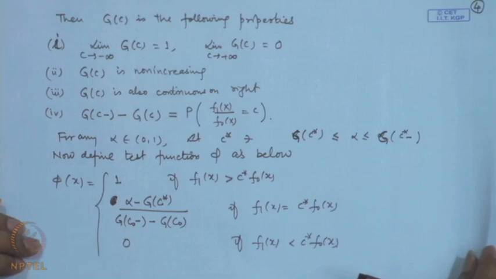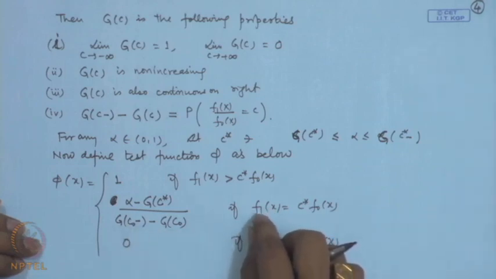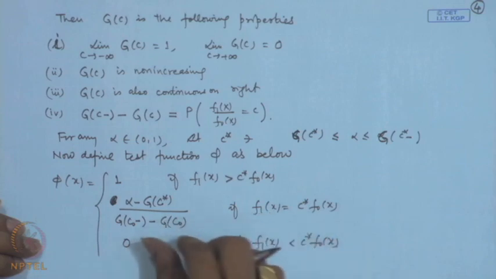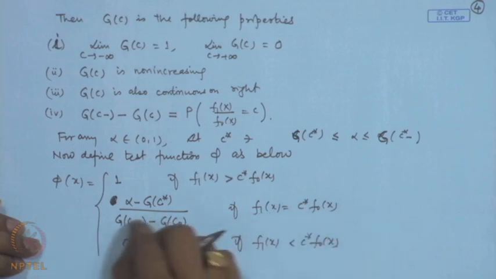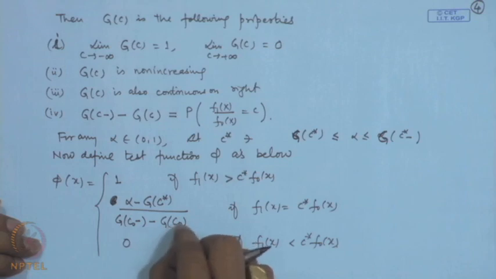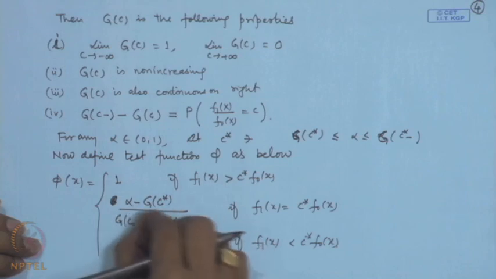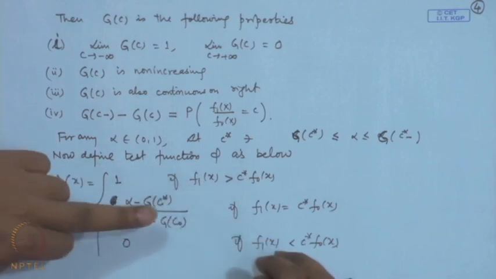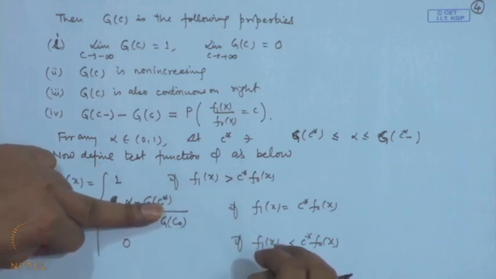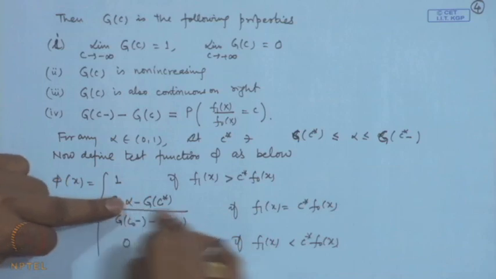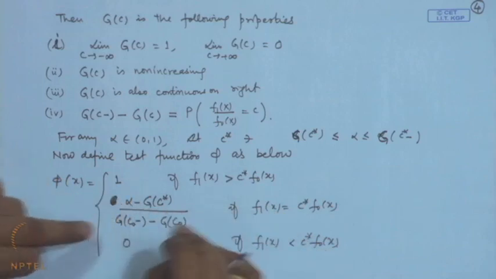Now, if for example, g c naught minus is equal to g c naught, that means if it is continuous, then this expression will actually become meaningless. In that case, we do not have to define this. So, we do not have to consider this when it is continuous.